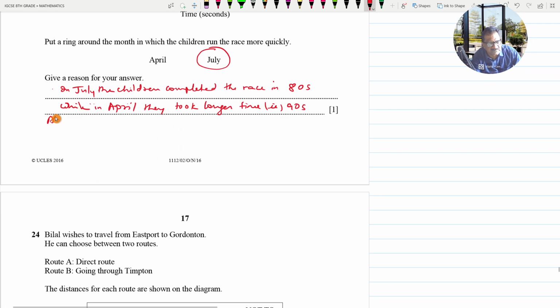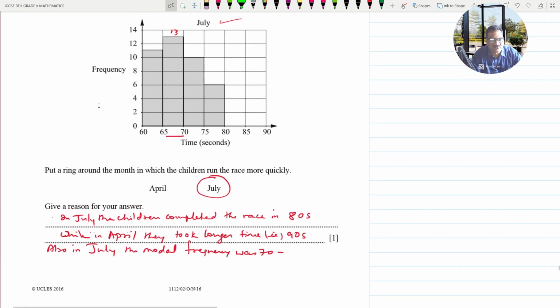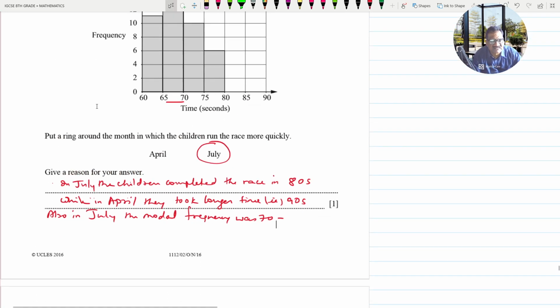also in July, the modal frequency is that class interval for which the frequency is maximum. Okay, so in the July, the modal frequency was 70 to, no, July May it was 65 to 70, right?